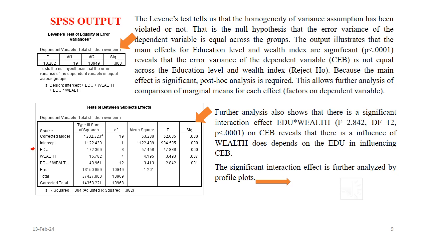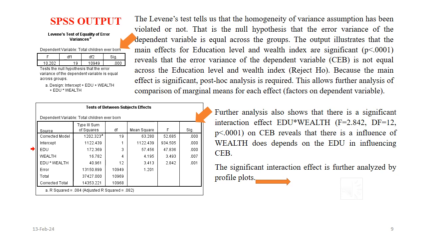In this, one of the foremost important things is the Levene's test. This Levene's test tells us whether the homogeneity of variance assumption has been violated or not, with the null hypothesis that the error variance of the dependent variable, that is children ever born, is equal across the groups, that is between wealth as well as the education level. The output illustrates here that the education level and wealth index are significant, which reveals that the error variance of the dependent variable children ever born is not equal across the education level and wealth index.